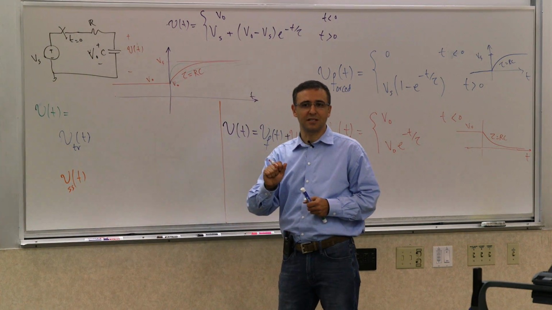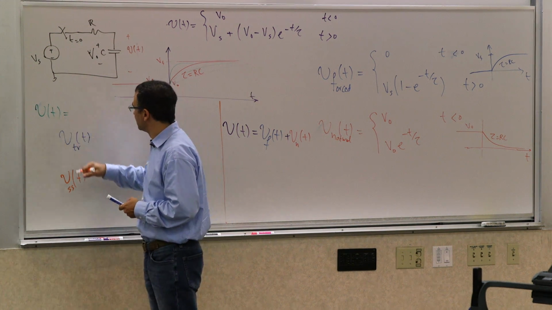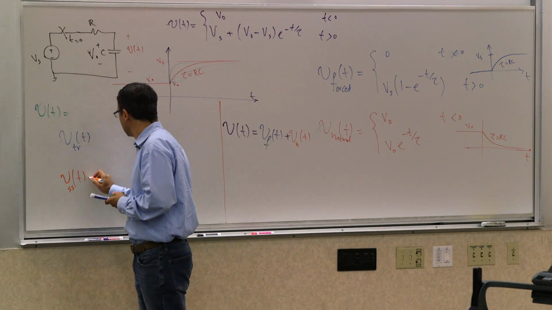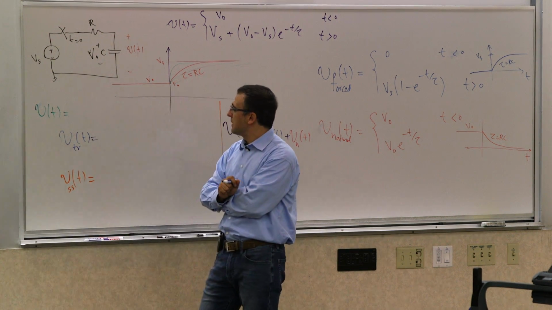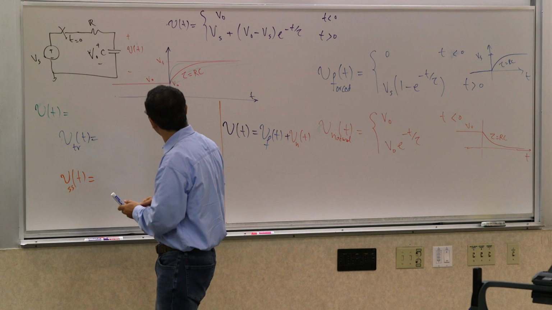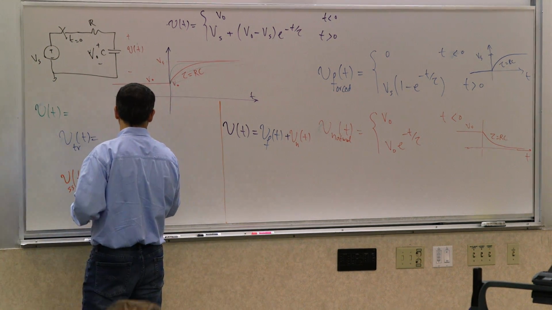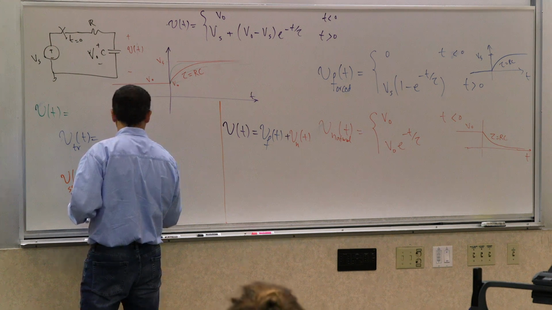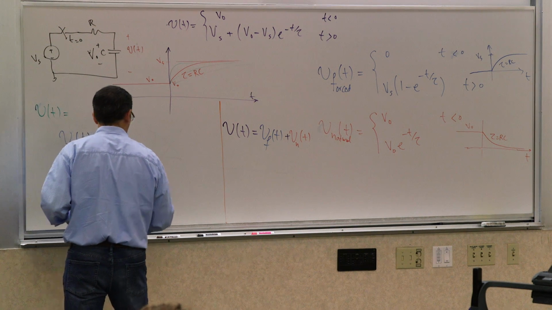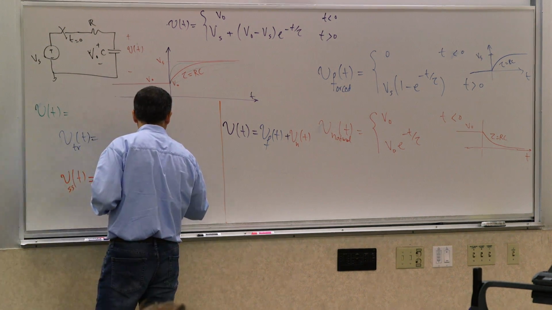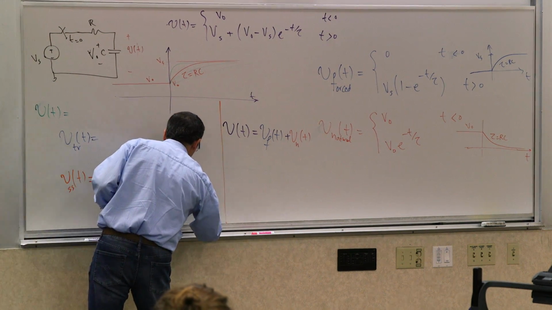There's a reason for these things. I don't have a yellow, but orange is the closest surrogate. So if I write it this way, let's just think about t greater than 0 and focus on that for now.